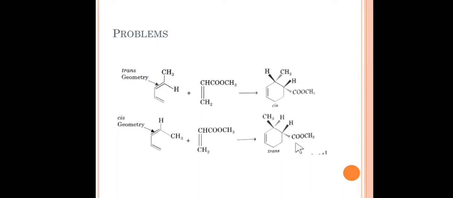So remember, the electron withdrawing group from the dienophile will always go below the plane. If you search on Google for orientation effect or stereochemistry of 4+2 cycloaddition, there are very nice diagrams showing why this COCH3 is going below the plane. Here I forgot to add that diagram, so you can search on Google.